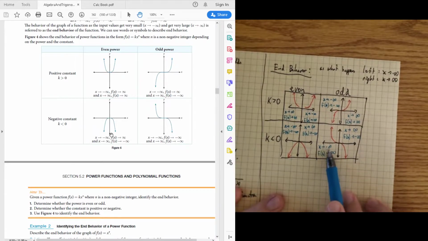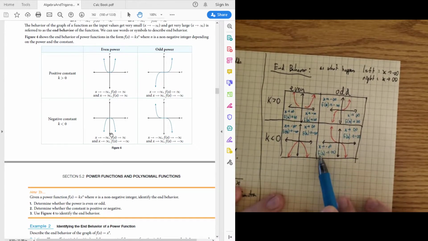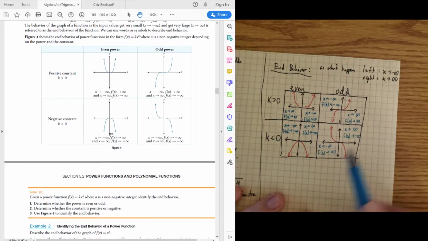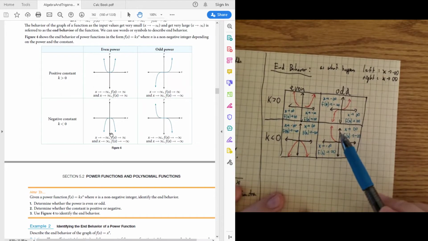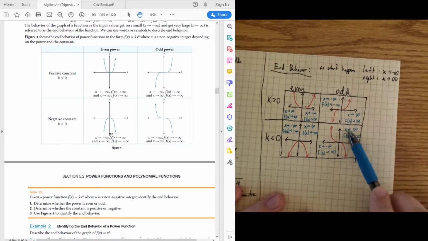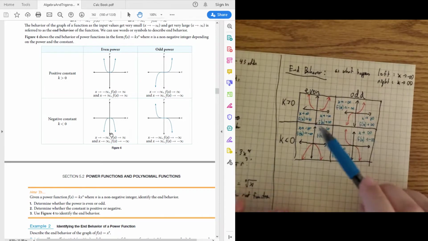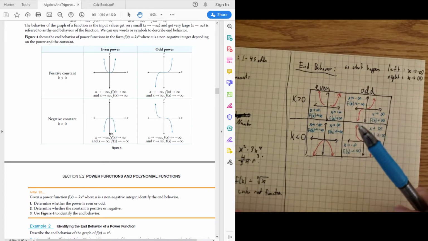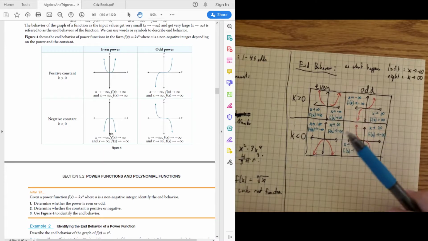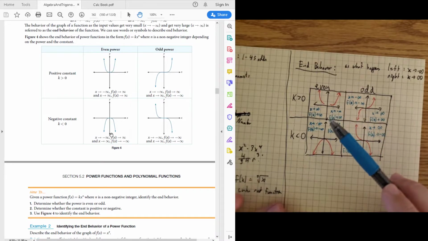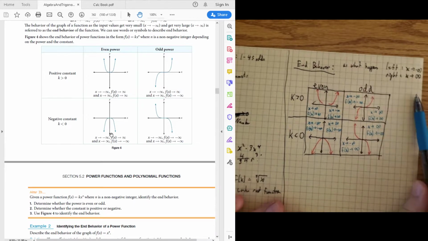As we move to the left, our graph moves up. Sorry, I'm crazy today. As we move to the left, we go up. As we move to the right, we go down. And so using these descriptors, you can do two things. You can predict what the function is by looking at the graph, or you can predict the graph by looking at the function.